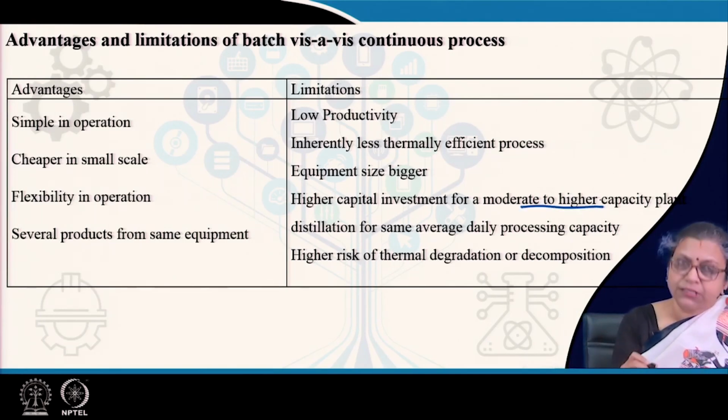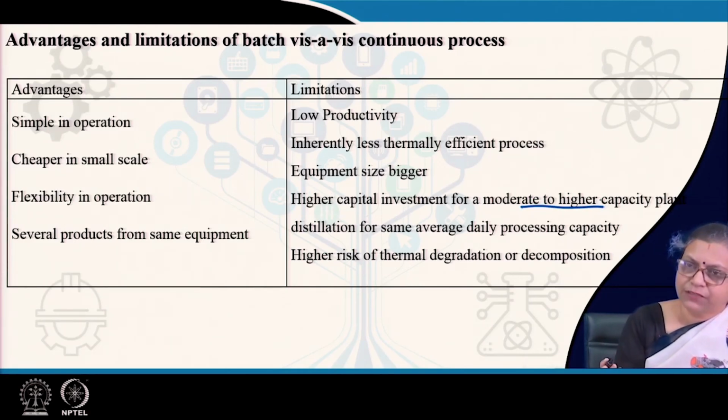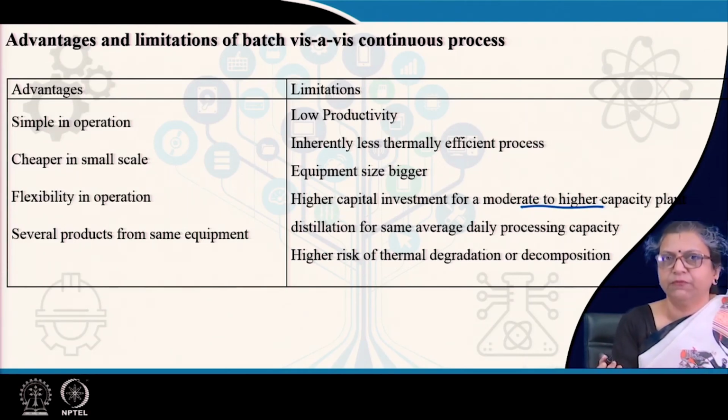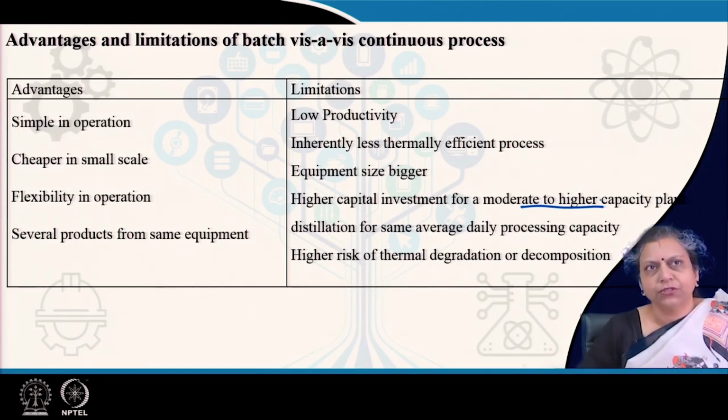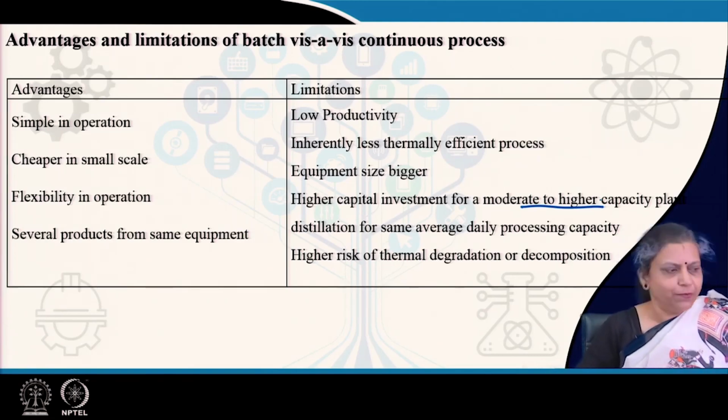So, for a smaller scale it is definitely cheaper, but this does not apply when we go for a moderate or high capacity plant. Flexibility in operation we have already discussed, quite naturally, because you can use the same still for different compositions of the feed. You can also use this when different product specifications are required, and from the same equipment you can get different products.